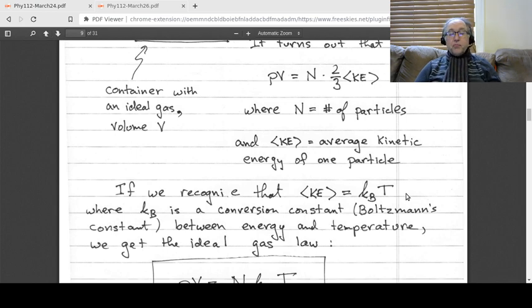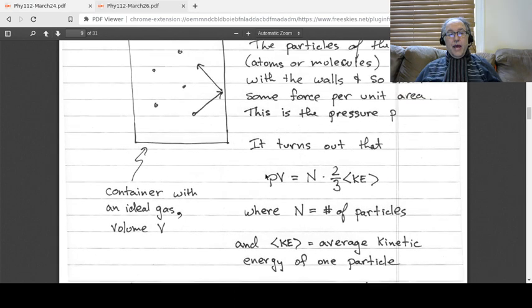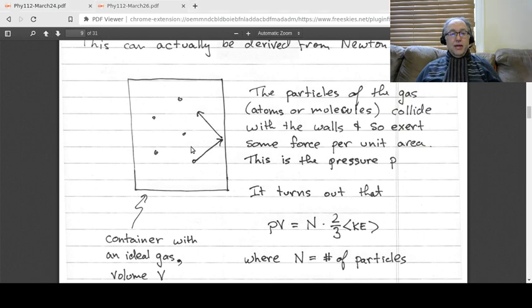When you walk into a cold room and the air is cold, what can you say? You could say that the average kinetic energy of the particles is not that much. And you walk into a hot room and you can say, oh, the average kinetic energy of the particles in this room is high. It's faster, they're more energetic. The faster these atoms or molecules are moving, the higher the temperature, the harder they hit the wall, and the bigger the pressure is.